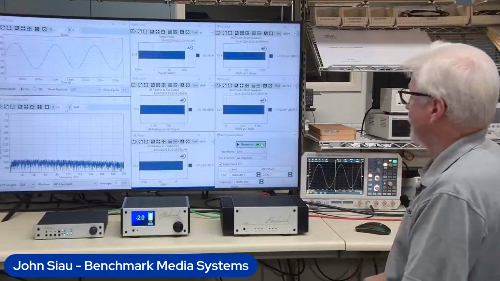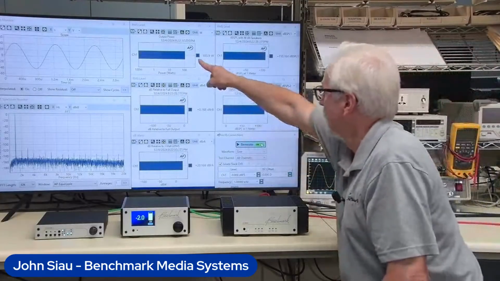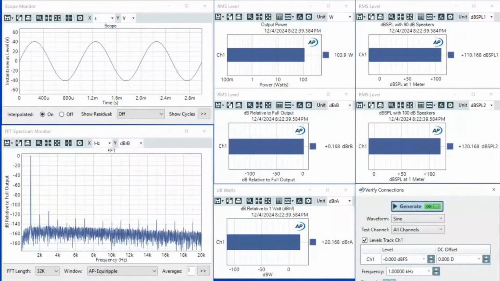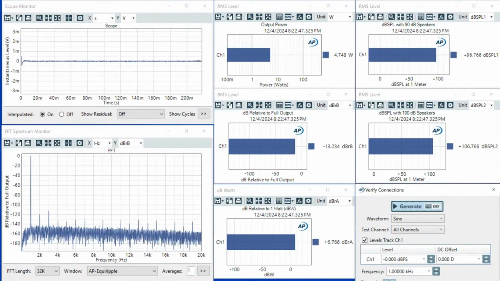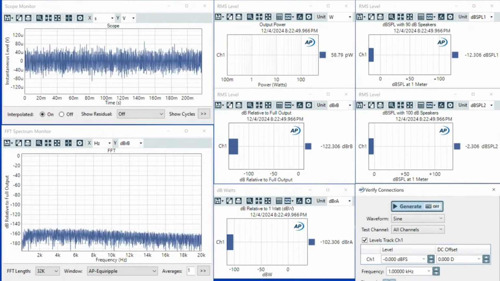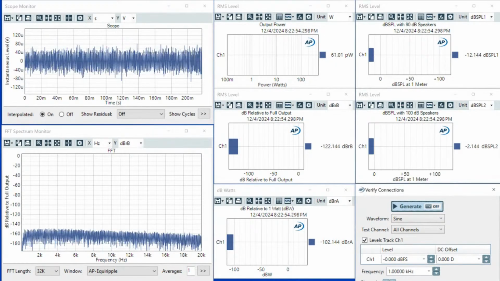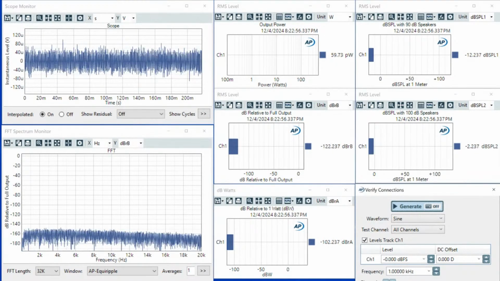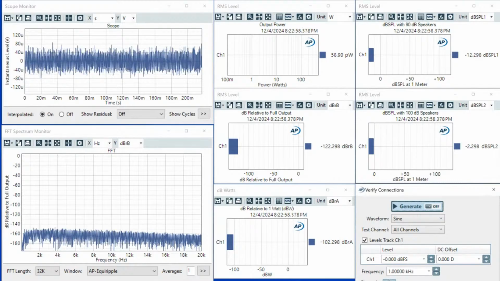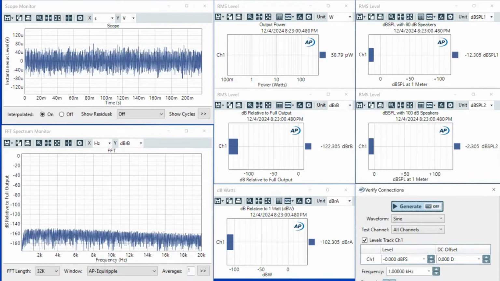If I turn my generator on, I've got my expected 100-watt output. And now let's see what happens if I turn the generator off. Again, I've got 122 dB signal to noise ratio.